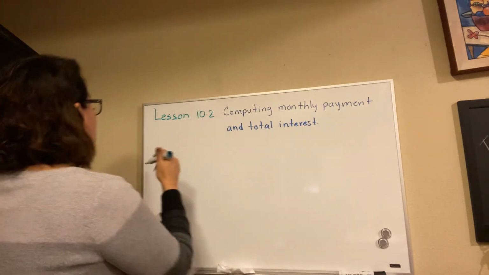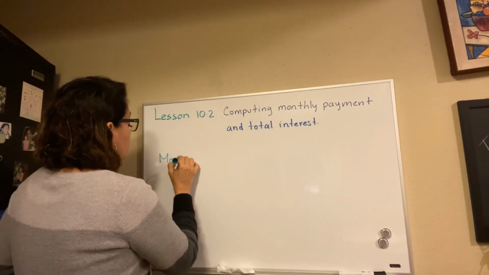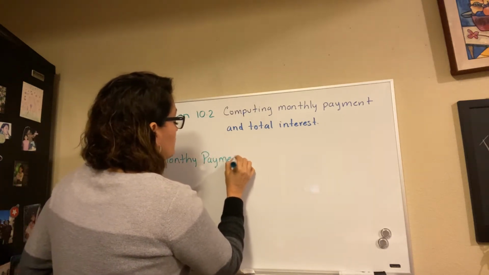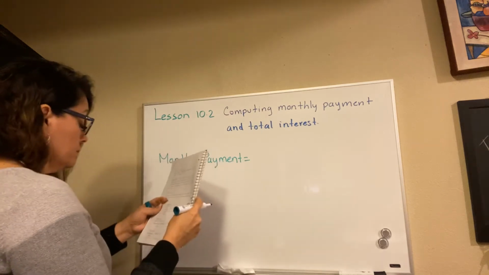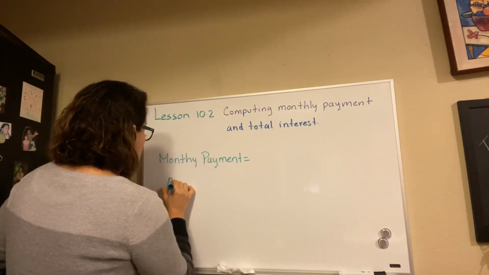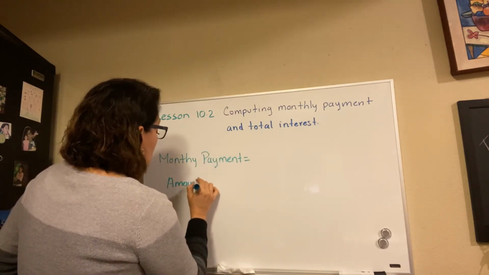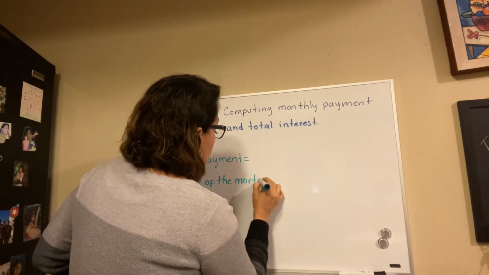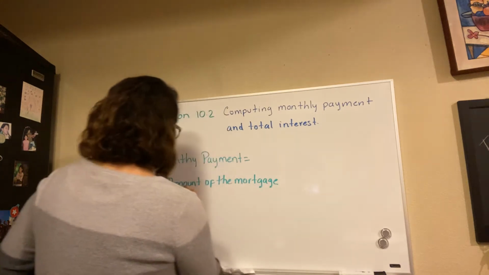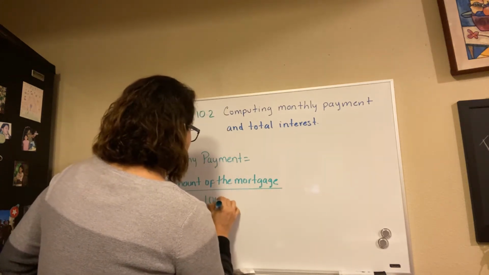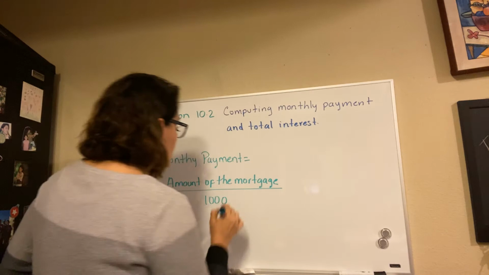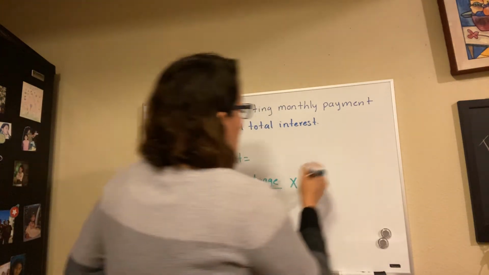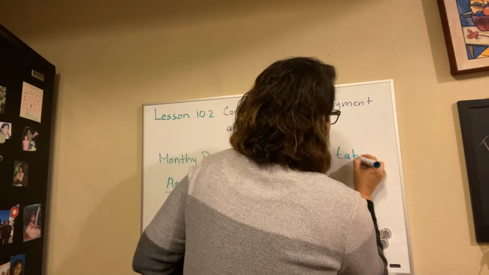It is the monthly payment equals the amount of the mortgage divided by 1,000. Okay. After that, I'm going to multiply this by using a table.